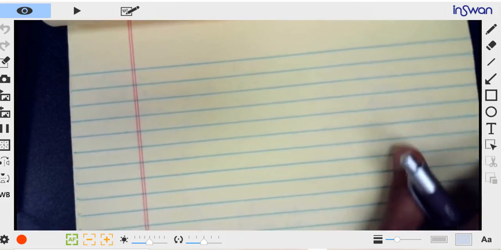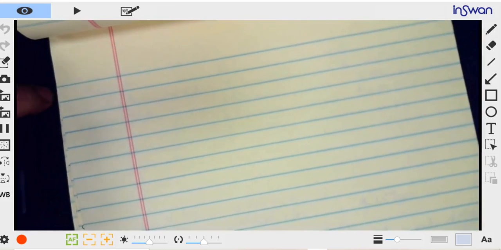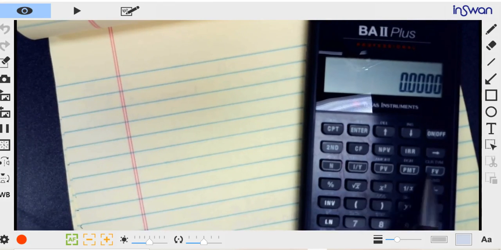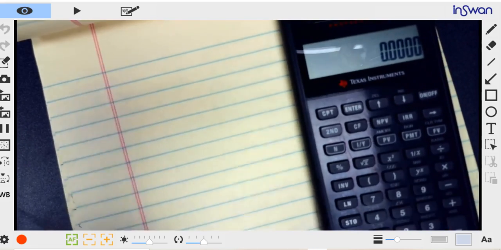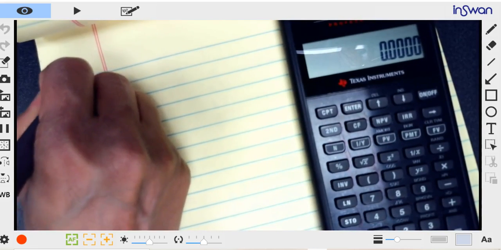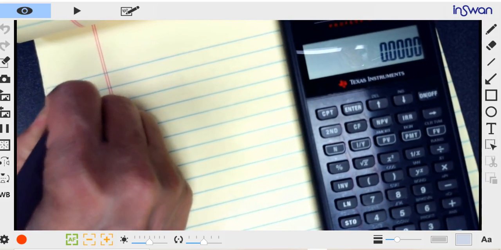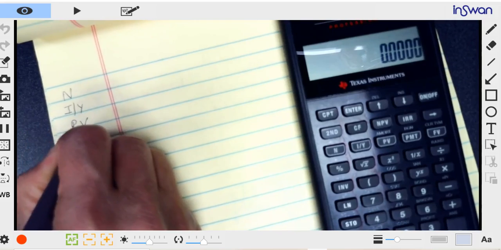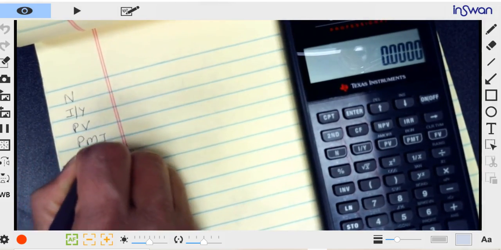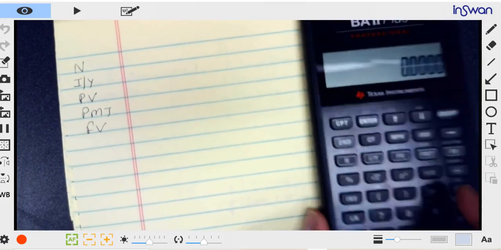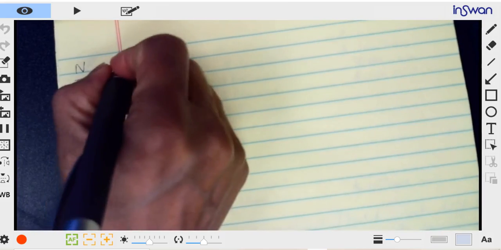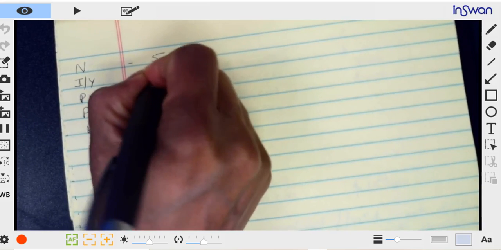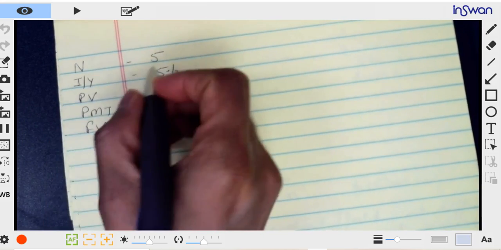Let's have a look at the inputs. First of all, look at these 5 keys in your financial calculator: N, interest rate, present value, payment, and future value. These are the 5 inputs that we are always looking for. N, the number of time periods, is 5. Interest rate was 5%.